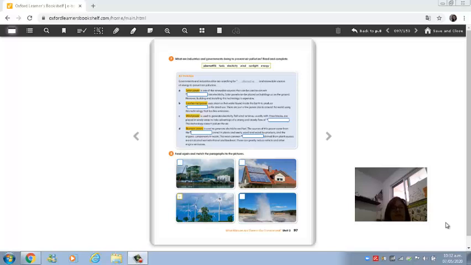Today, for example, we're going to read about what the industries and governments are doing to prevent air pollution. So we're going to read and you need to complete. Okay, you have alternative, fuels, electricity, wind, sunlight, and energy.